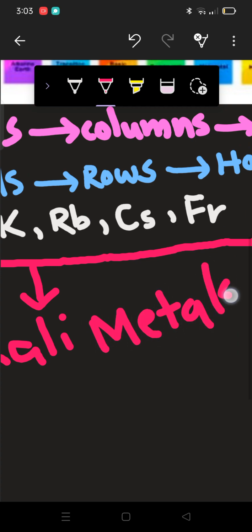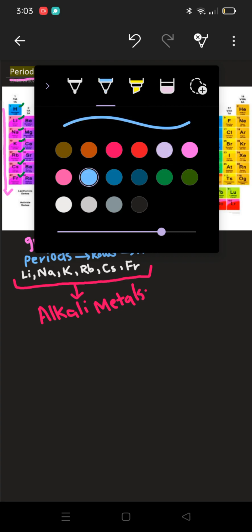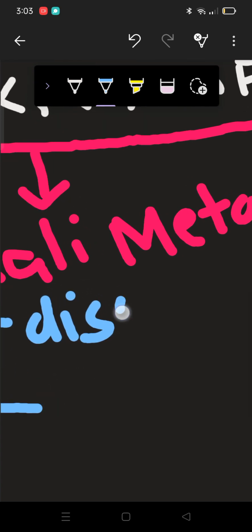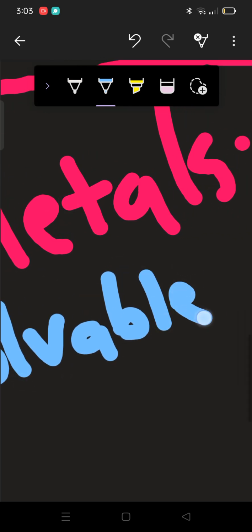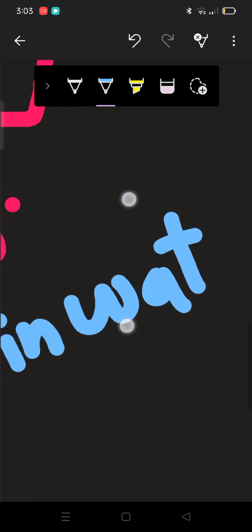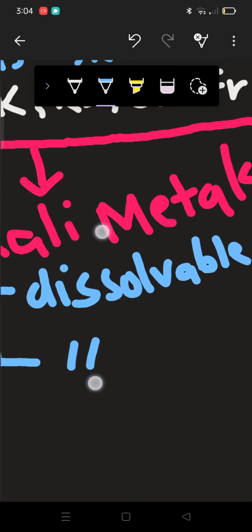Now, what are the characteristics of these alkali metals? Alkali metals react with water as well as with air.